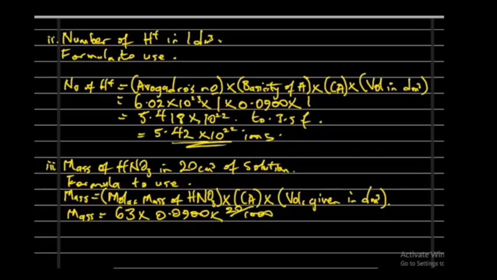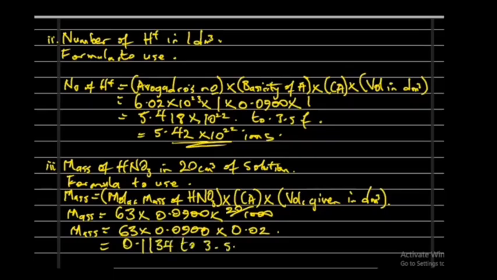So mass equals 63 times 0.0900 times 0.02, which amounts to 0.1134. To three significant figures, we have 0.113 grams. So that is the final answer for this particular question.